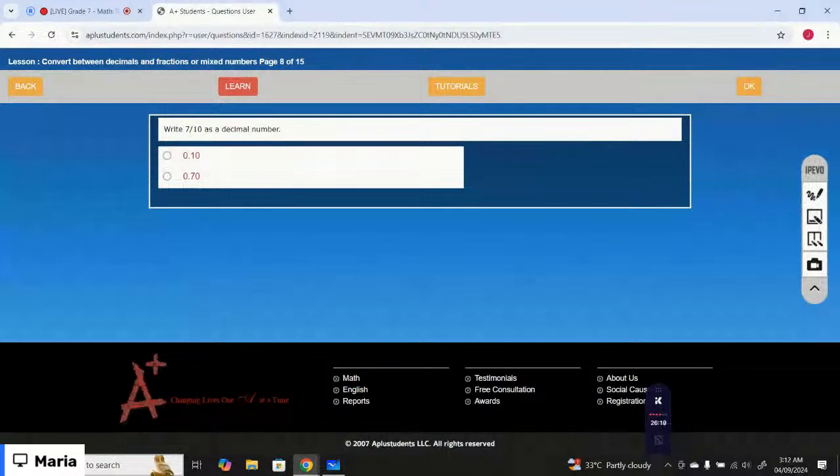Write 7 over 10 as a decimal number. So which is the correct option? That is 0.70.